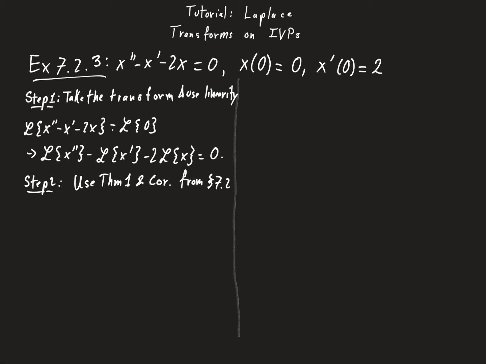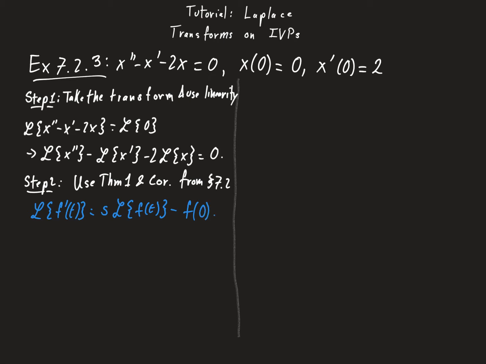Now, what this theorem tells you is the following. If you take the Laplace transform of a derivative, say f prime of t, this is going to be equal to s times the Laplace transform of f of t minus the value of f at 0.